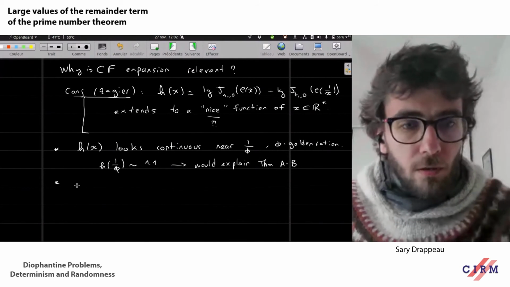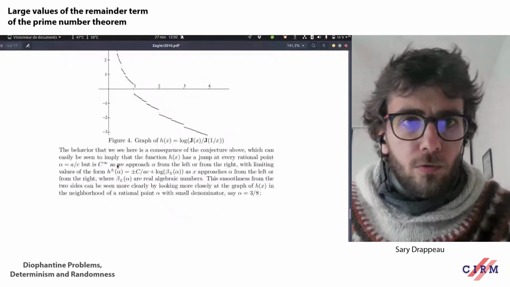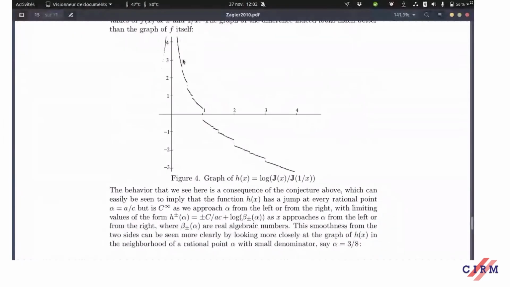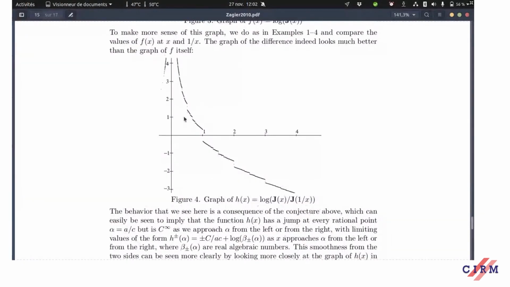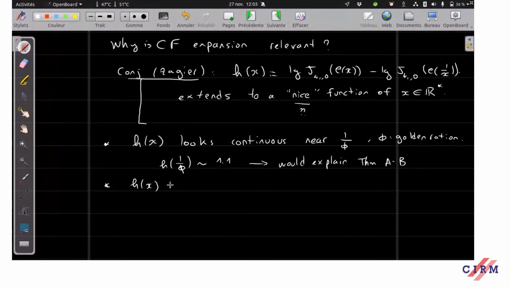And secondly, let me get back to this function. You see, it goes to infinity, and it seems to go to infinity like 1 over x numerically. You don't have to believe me on this. H of x seems to grow like the constant that I showed before divided by x, as x goes to 0 plus.